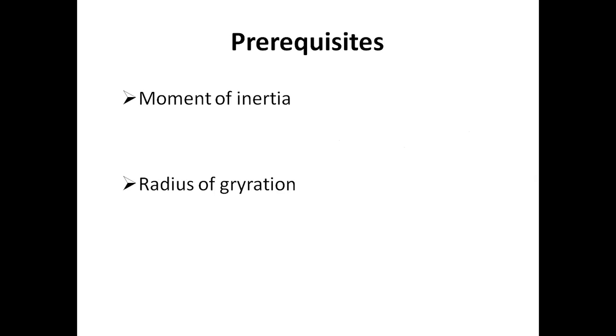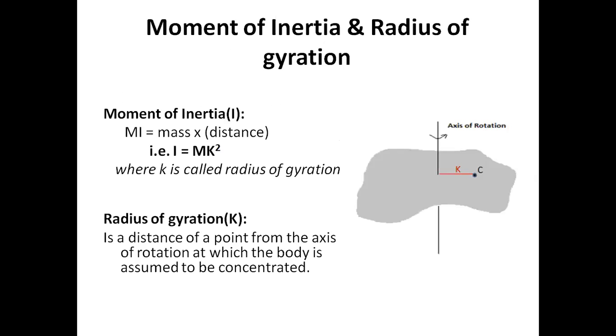In the previous video, I explained in detail what the moment of inertia and the radius of gyration are. Here I will just give you the definitions. So what is the moment of inertia? Consider a rigid body having a mass capital M, concentrated at the point C, which is at a distance of k from the axis of rotation.